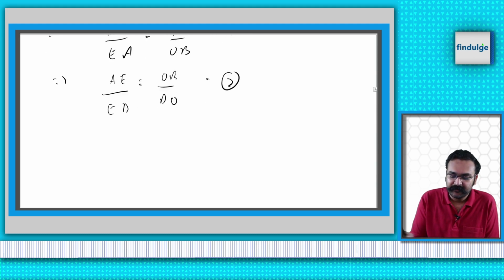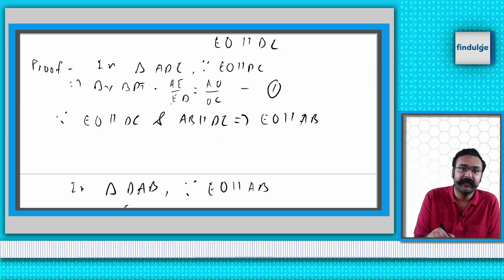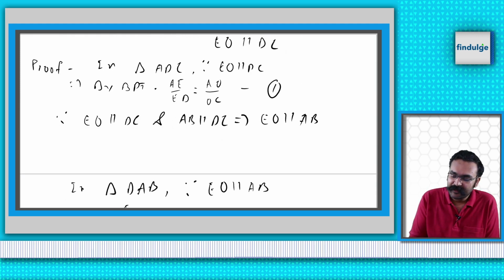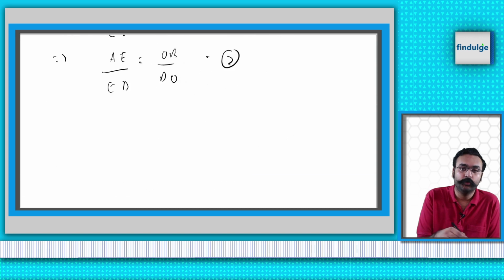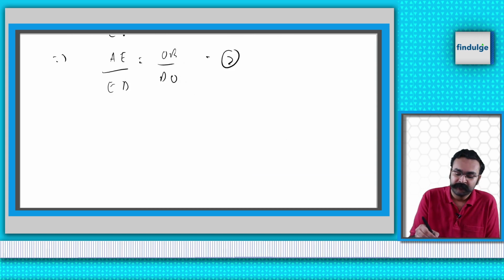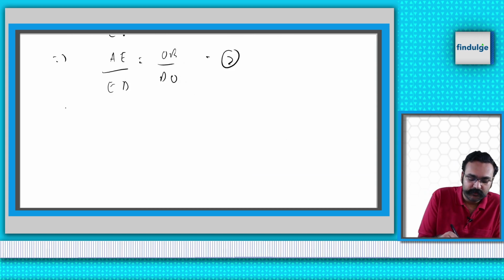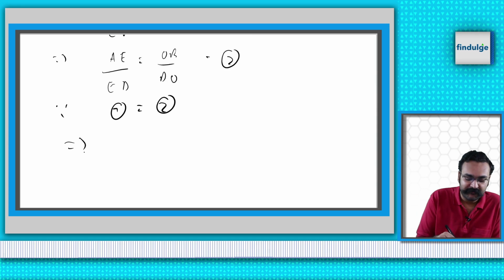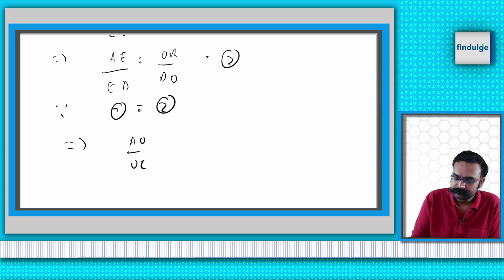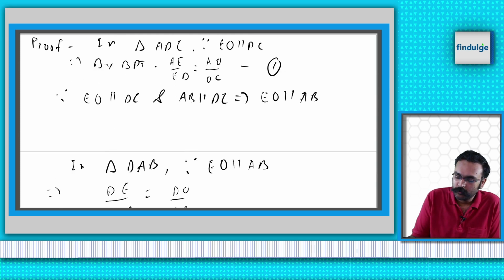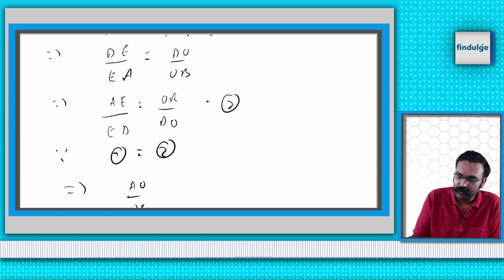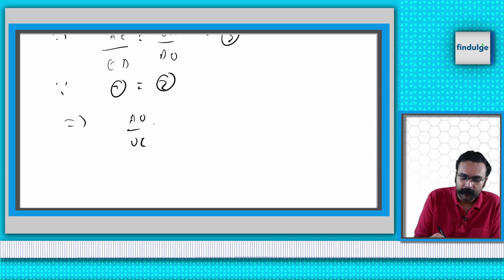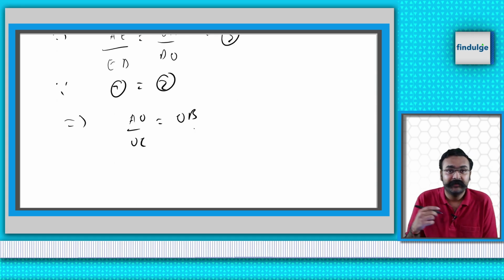And it is clear that equation 1, AE upon ED, is equal to equation 2, AE upon ED. And so, since 1 is equal to 2, from the first one, AO upon OC is equal to, from the second one, OB upon DO.